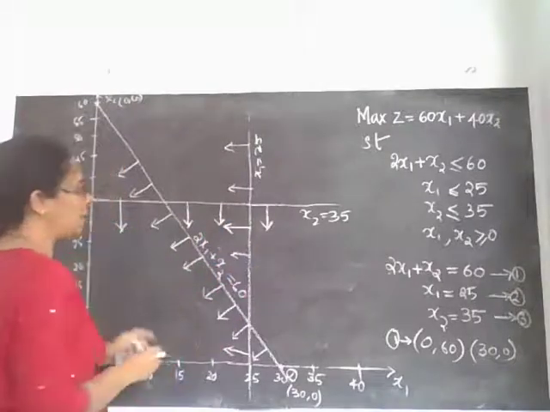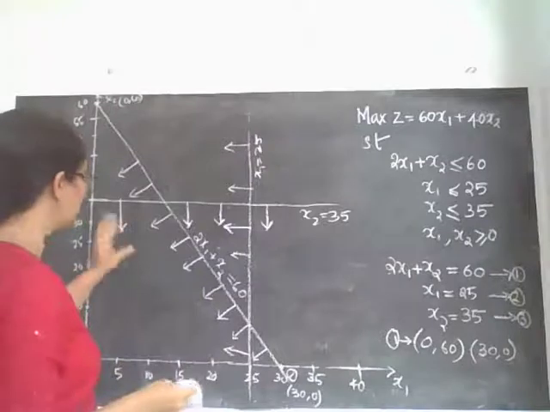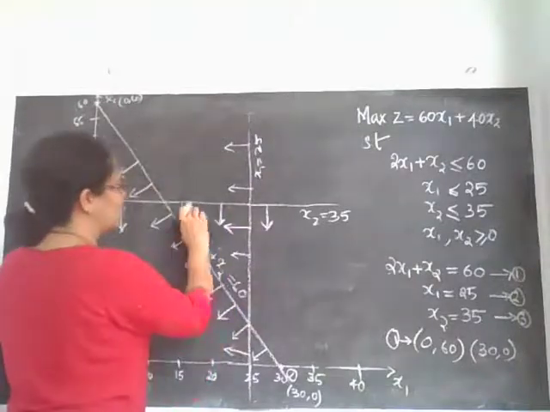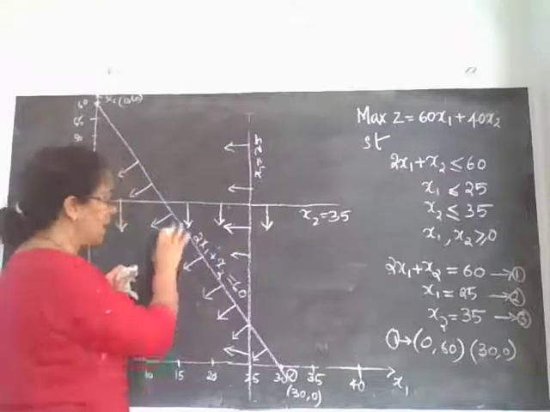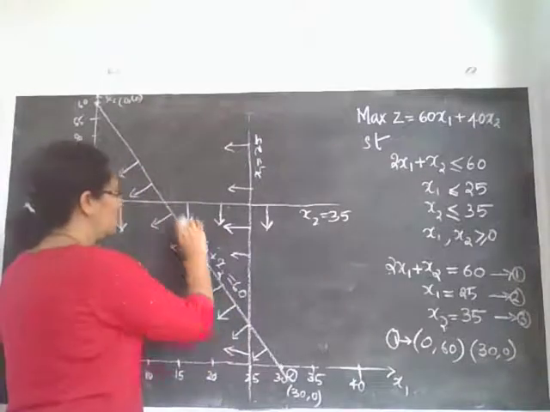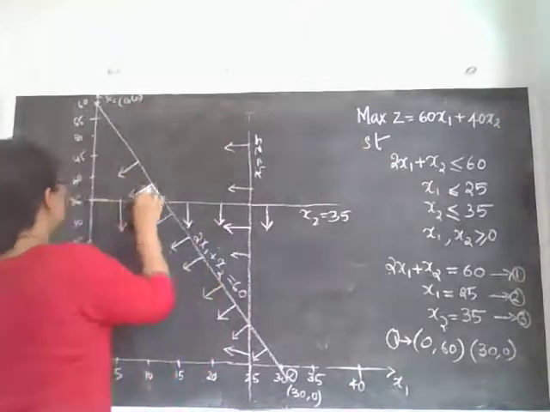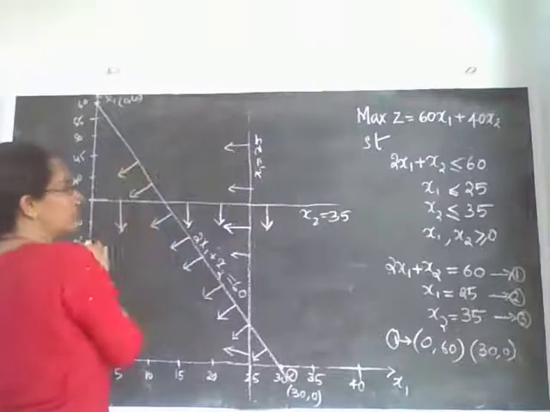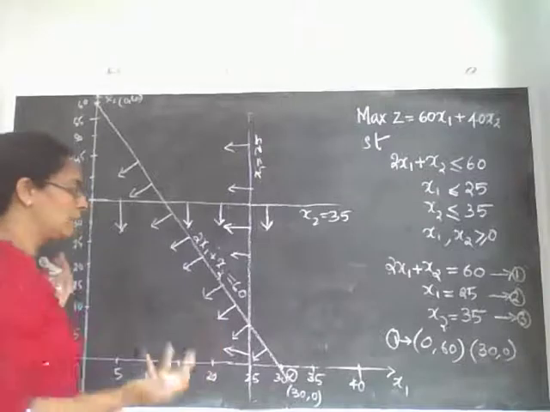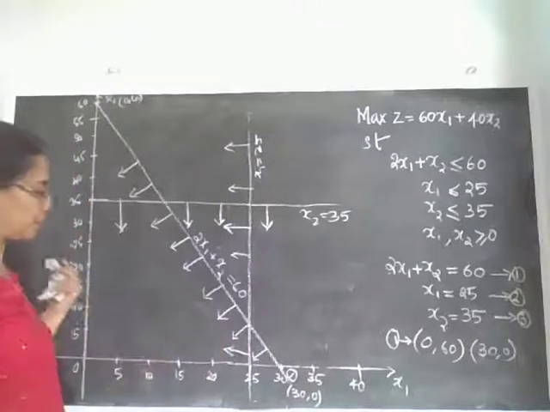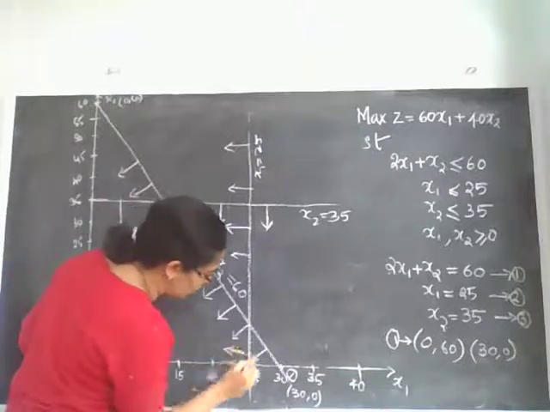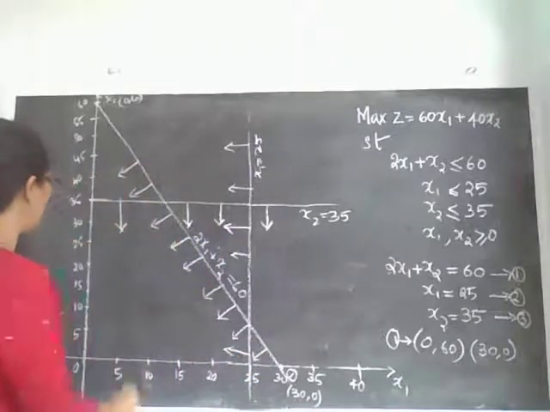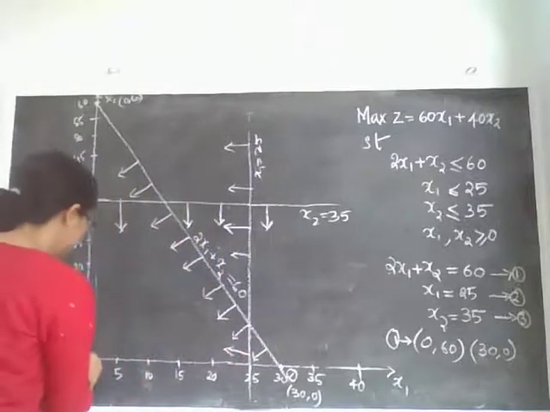Every constraint has an arrow, and the portion common to all of them is the feasible area.